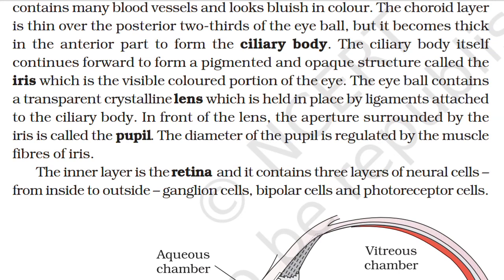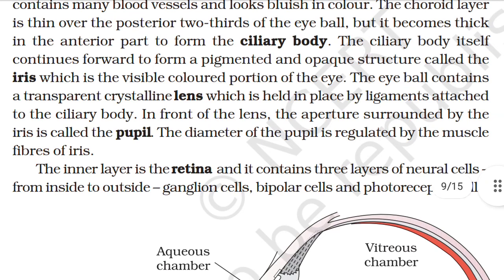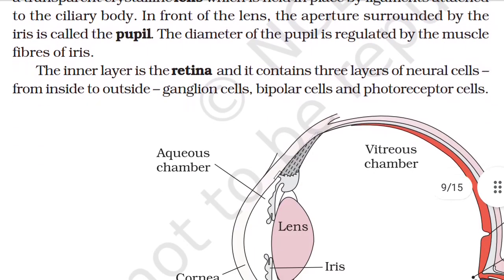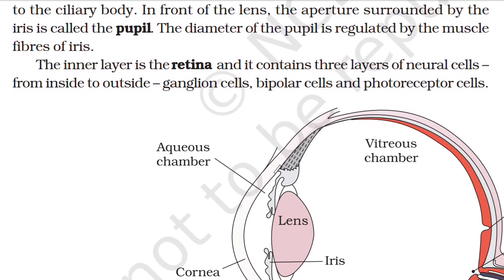The eyeball contains a transparent crystalline lens which is held in place by ligaments attached to the ciliary body. In front of the lens, the aperture surrounded by the iris is called the pupil. The diameter of the pupil is regulated by the muscle fibers of iris.